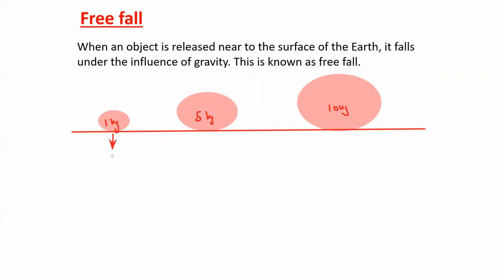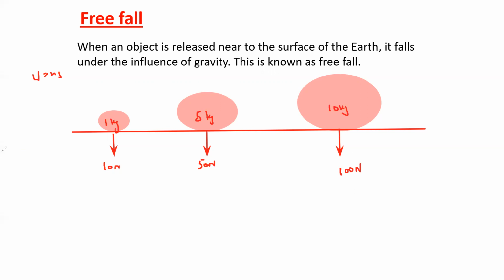What about the weight? For 1 kilogram, the weight is equal to 10 Newton, because weight is mass multiplied by gravity. The 5 kilogram object weighs 50 Newtons, and the 10 kilogram object weighs 100 Newton.